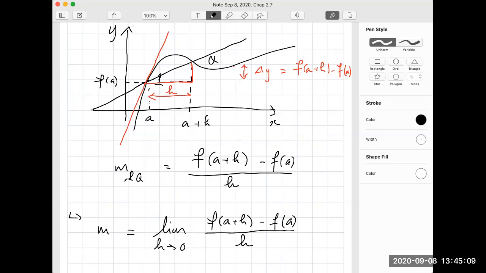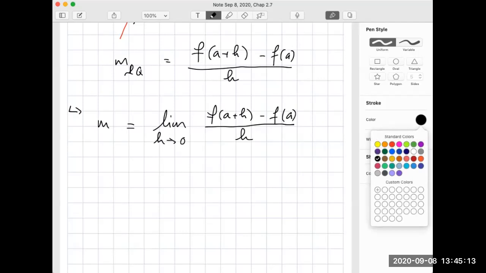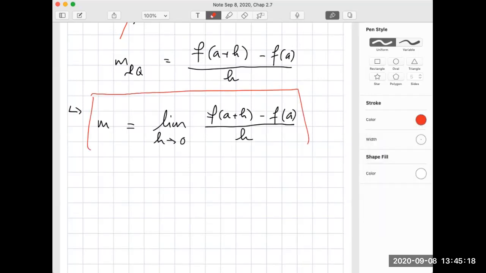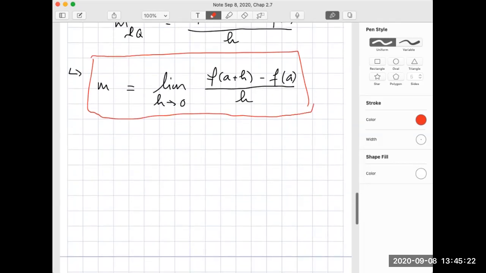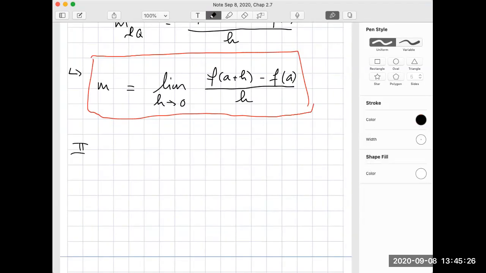Just a different way to find the slope of a tangent. Either way is fine.